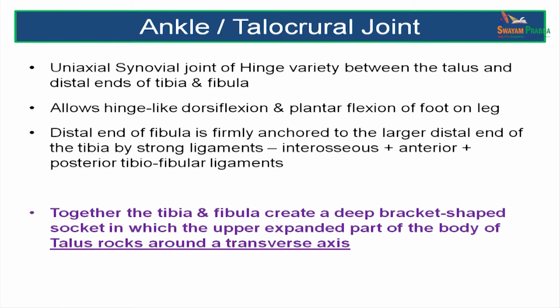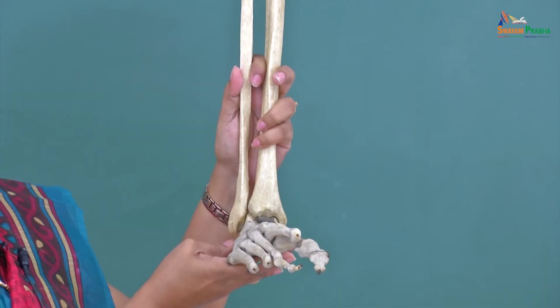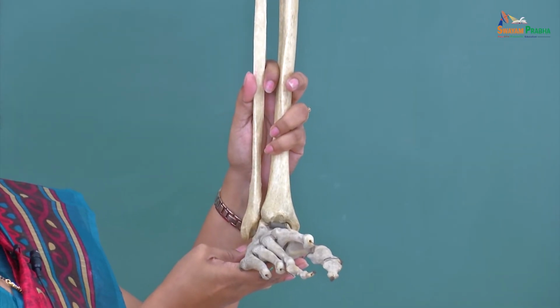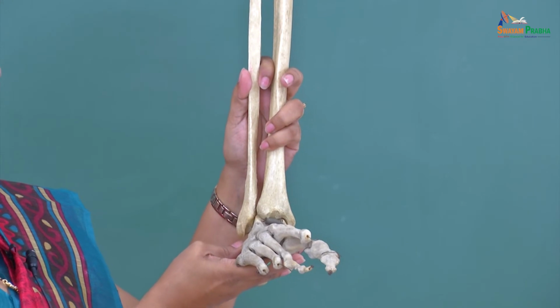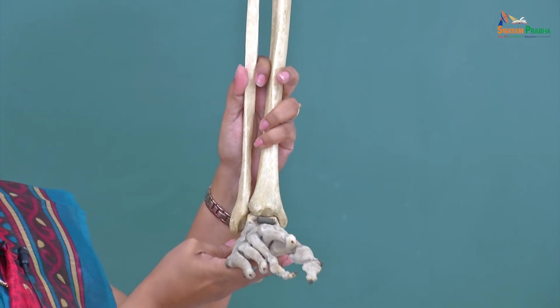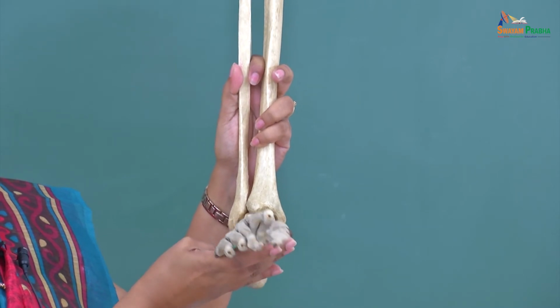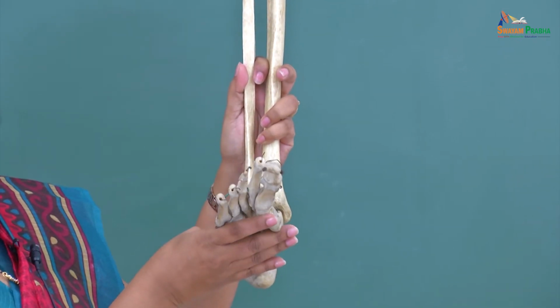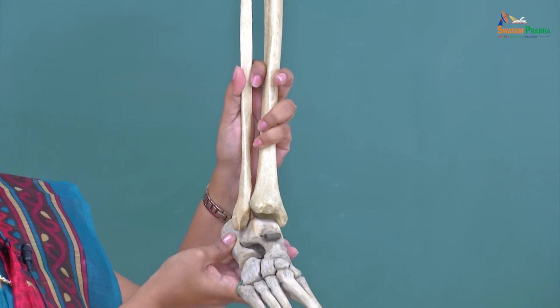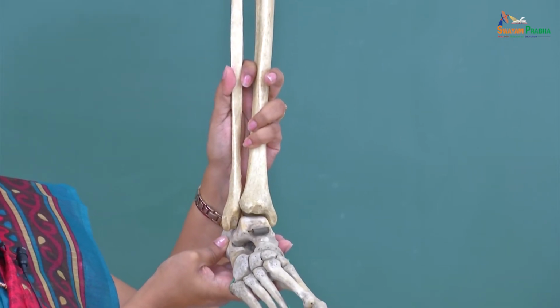The ankle joint is a uniaxial hinge variety of synovial joint between the talus and the tibia and fibula. It allows hinge-like dorsiflexion and plantar flexion of the foot on the leg.